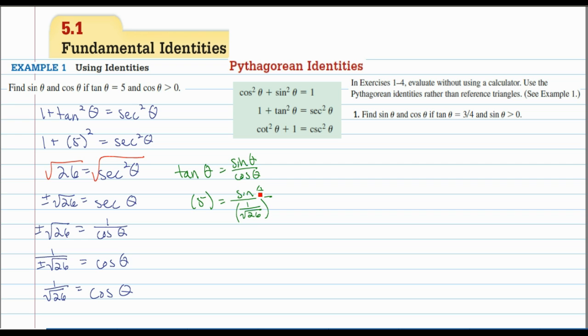So instead of sine divided by, I will multiply by 1 over square root 26. And then I get 5 divided by square root 26 equals the sine of theta.